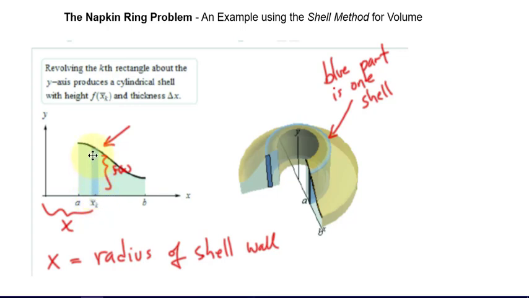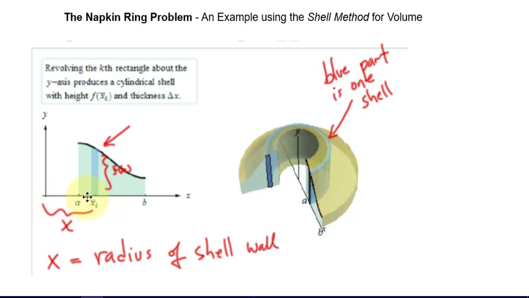Imagine you take this height of the function at one particular x value based on the function, and from that height, imagine generating this shell wall that's produced as we rotate that single darker blue rectangle around the y-axis.